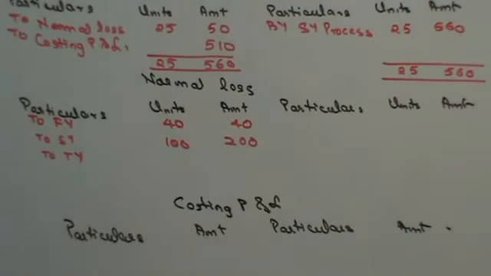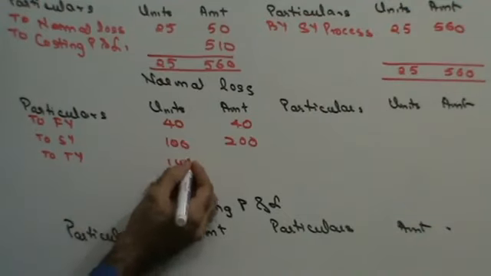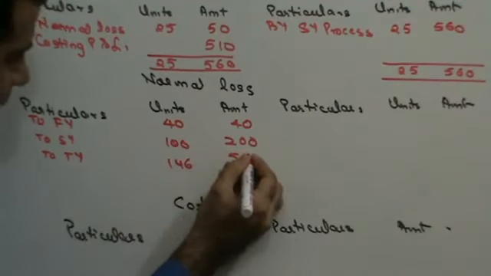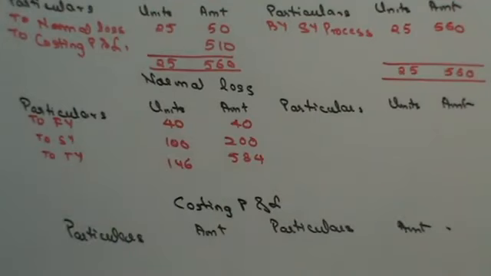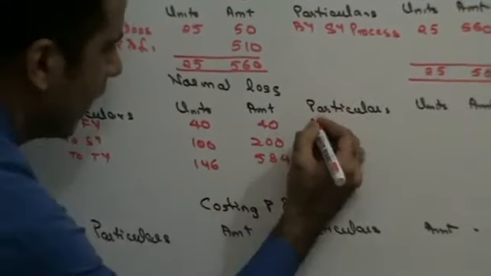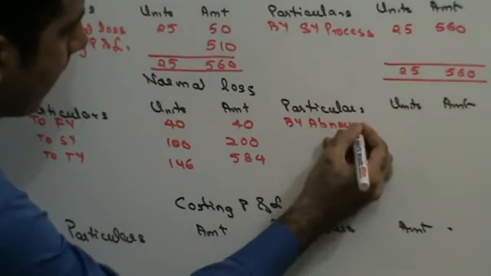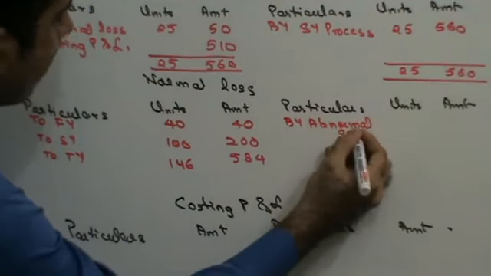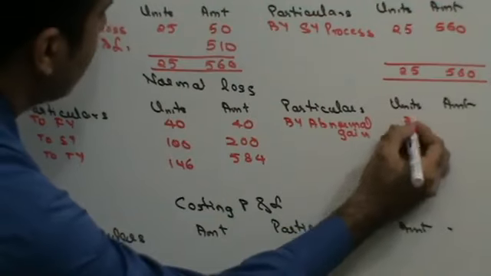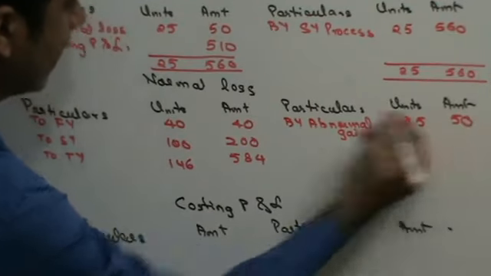And in TY process your normal loss was 146 and 584. Right? Now you also had in your abnormal gain, you had a normal loss that you will transfer here by abnormal gain, which is going to be 25 and 50.